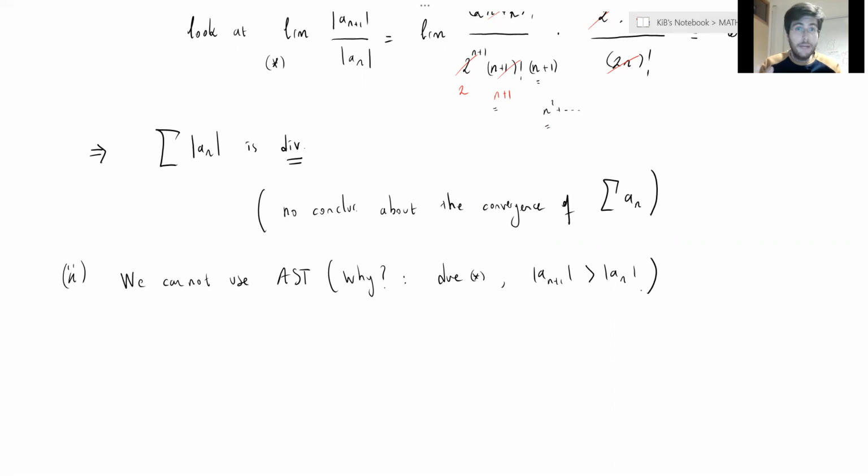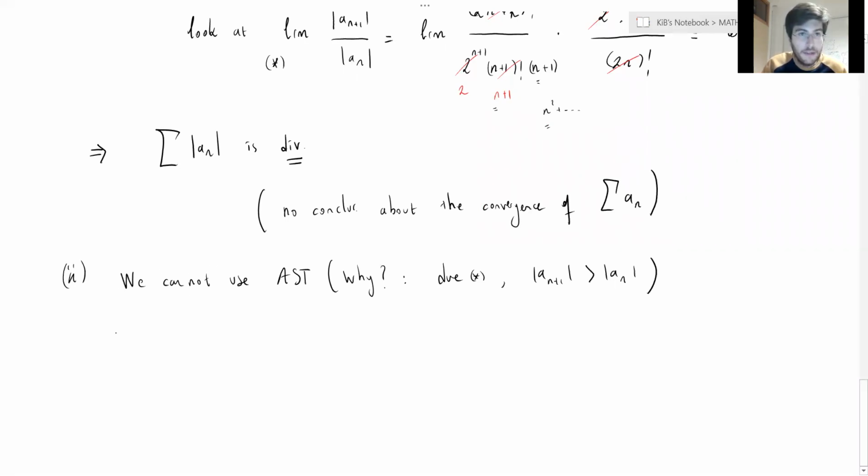Remember the hypothesis for the alternating series test. You need your sequence to decrease to 0, but this is not the case. So therefore, we cannot use the alternating series test.